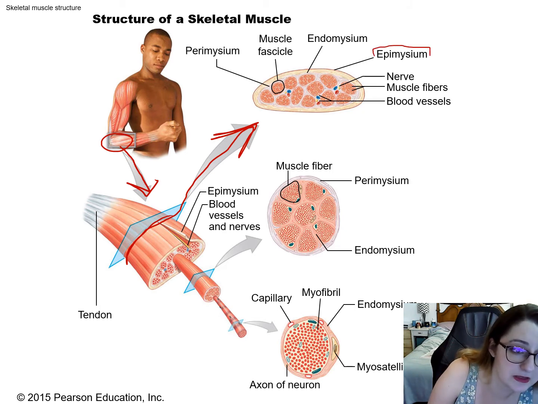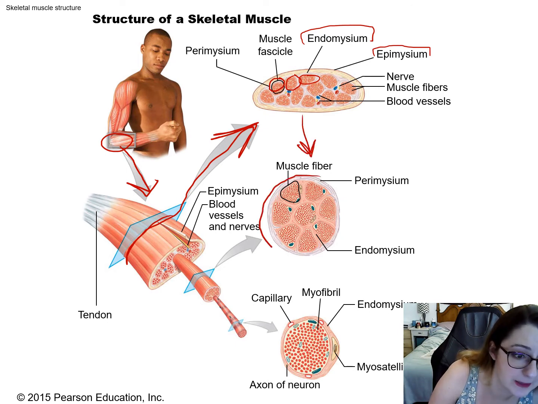And then this muscle is made up of multiple muscle fascicles. Surrounding all of these fascicles, we have the endomysium. From there, surrounding each individual fascicle, we have the perimysium.